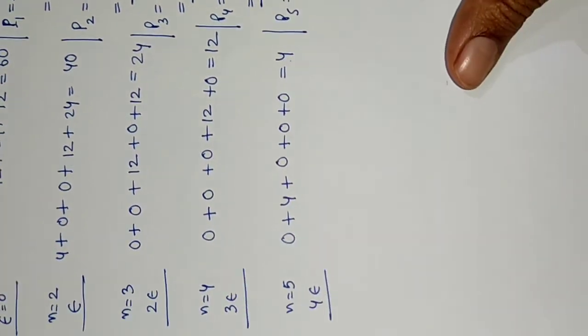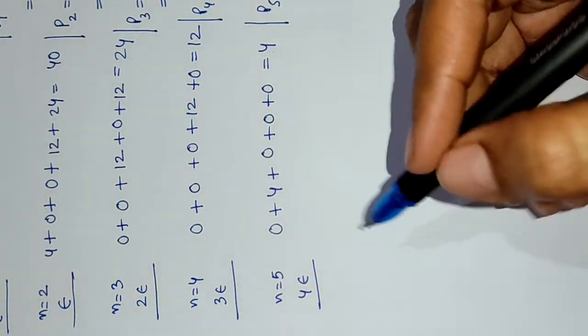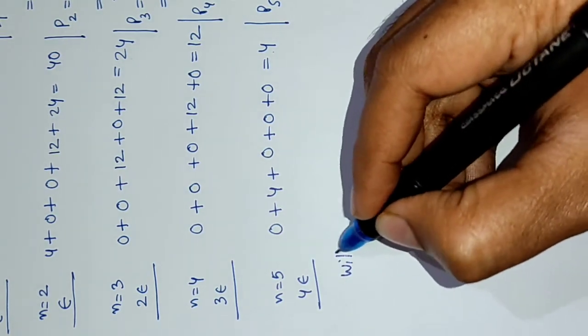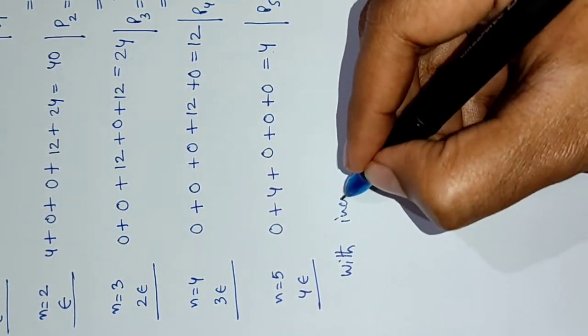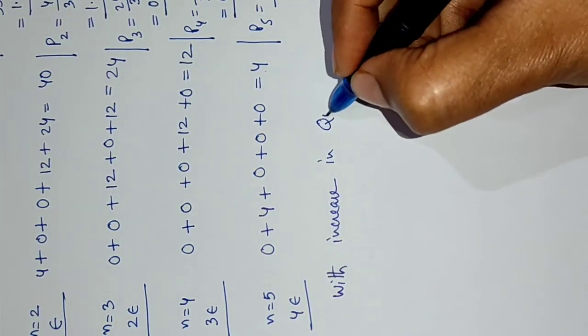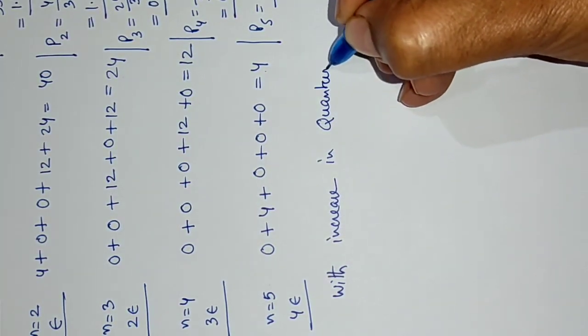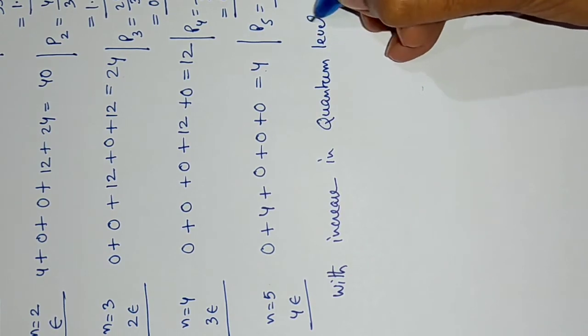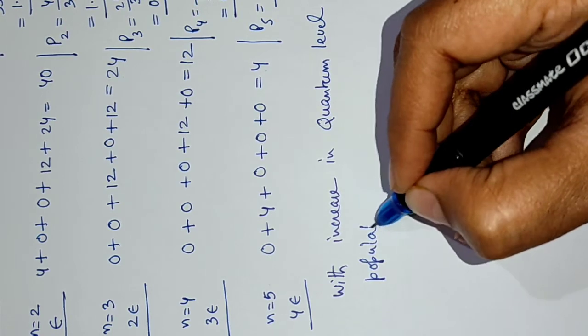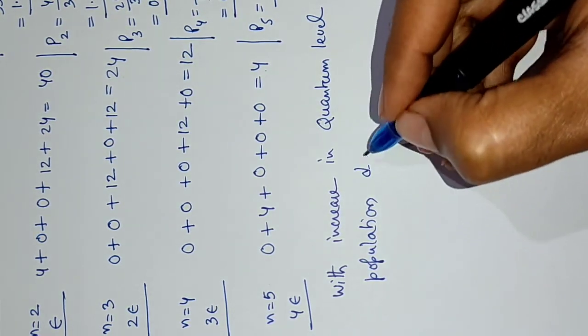So we can conclude here, this is an important conclusion, that with increase in quantum level, population decreases.